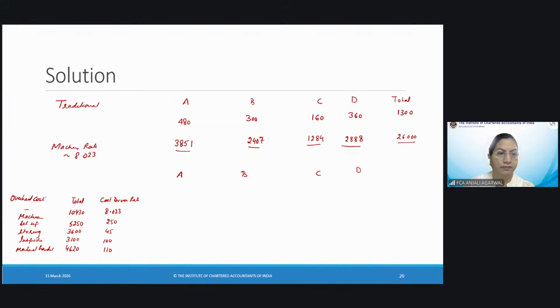So the rate is 20. 8.023 is for only the machine. So this information is relevant here. 3851, 2407, 1284, and 2888. So the total is 10,430. This is divided by 1,300. So it's 20 rupees per hour under the traditional method.